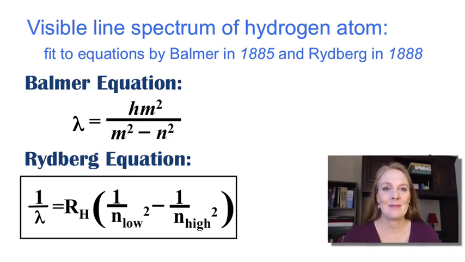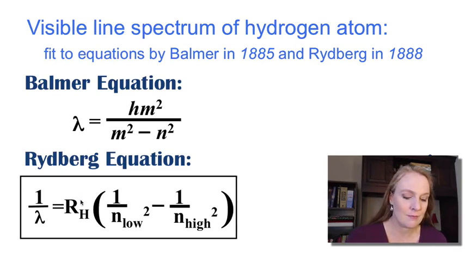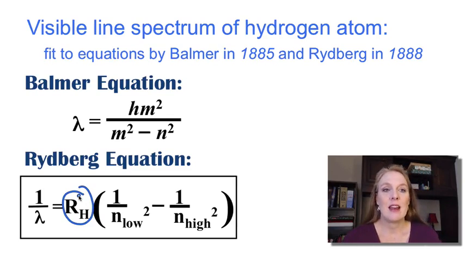A few years after Balmer developed his equation, Swedish physicist Johannes Rydberg was able to fit all of those known wavelengths of light emitted for hydrogen, including those in the ultraviolet and infrared regions, with a similar, more general but still simple equation containing a new constant, R. In this case, I've given the equation in wave number units, but it can also be given in frequency units.